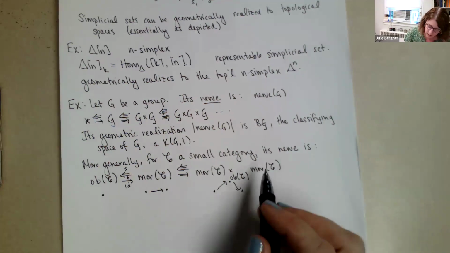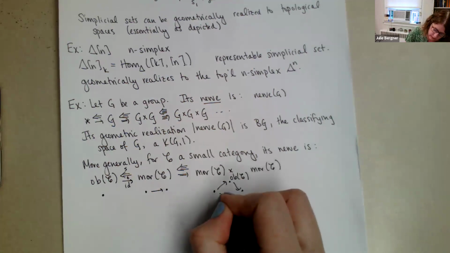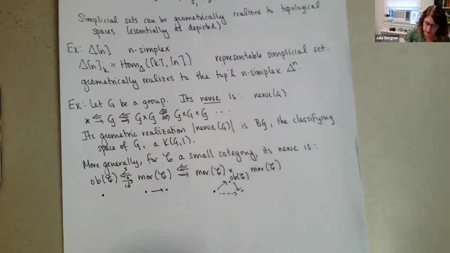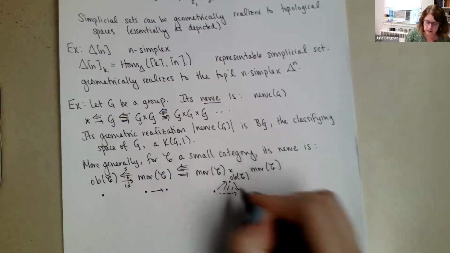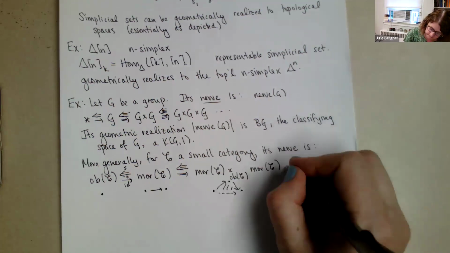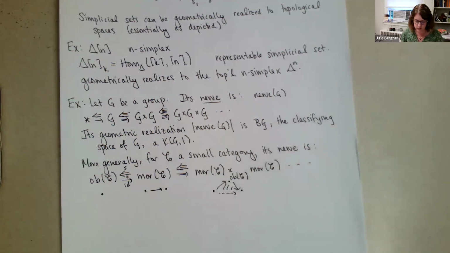And if this is a category, then we know there's a unique way to fill this in and get a 2-simplex. So this is starting to look a bit like our description of 1-Segal things at the beginning. But maybe this is a good place to stop, if there are any questions.